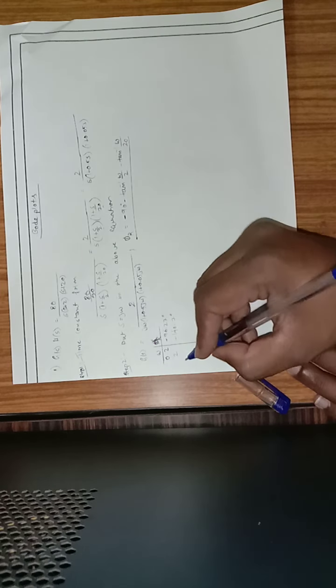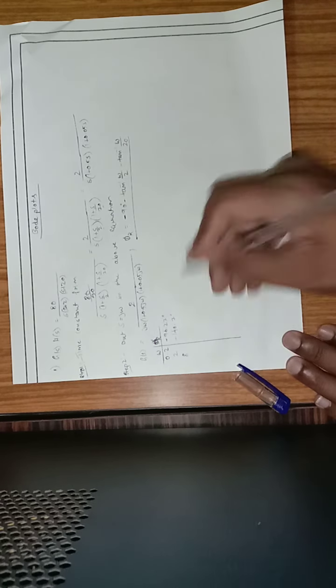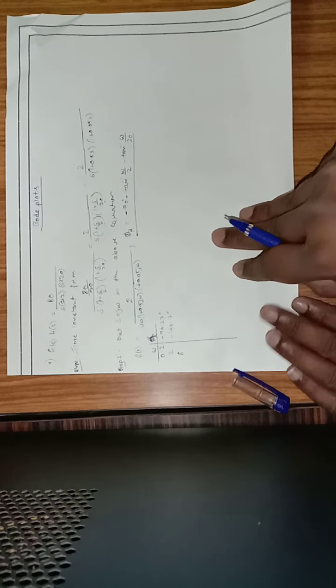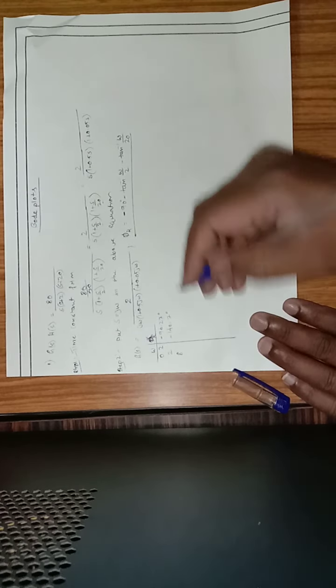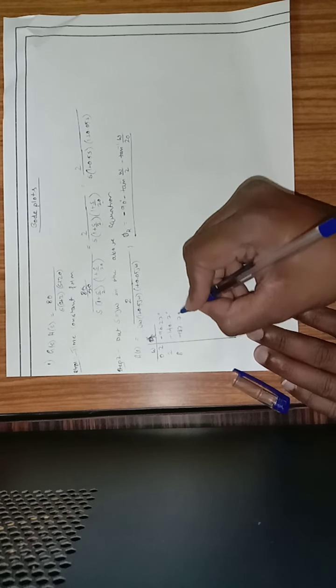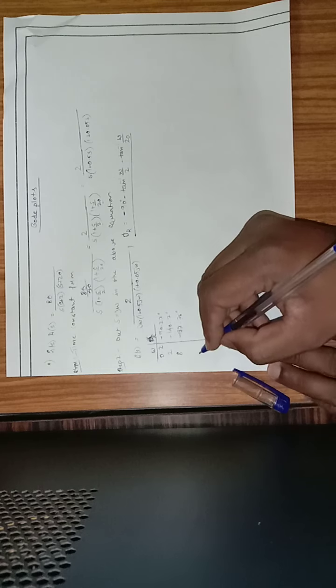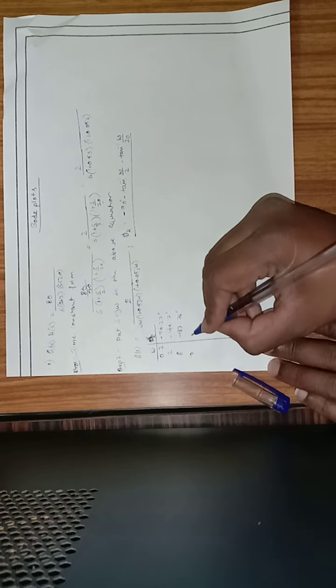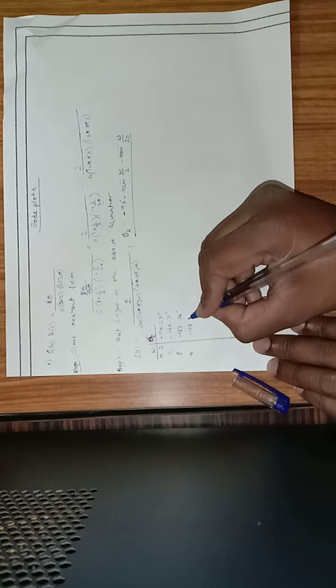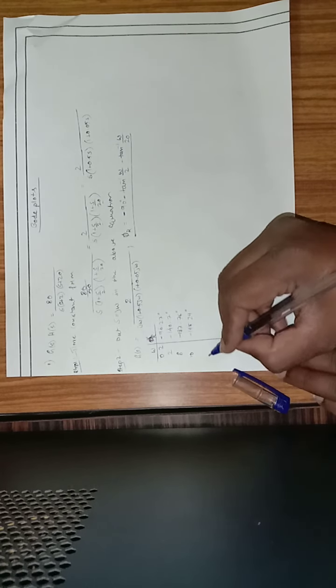Again I am going to select omega equal to 8. When I put omega equal to 8, I will get minus 187.76 degrees. Then I select 10, and get minus 195.29 degrees.